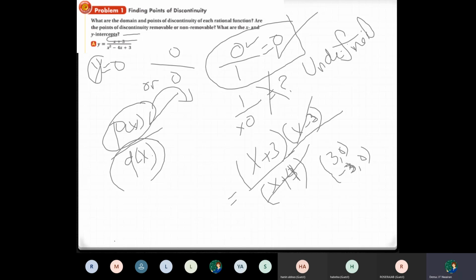Okay. Now, let's do B. At B here, y equals x minus 5 over x squared plus 1. I want now to find the points of discontinuity. Before I look at it, I have to look at the denominator. Can the denominator equal 0?